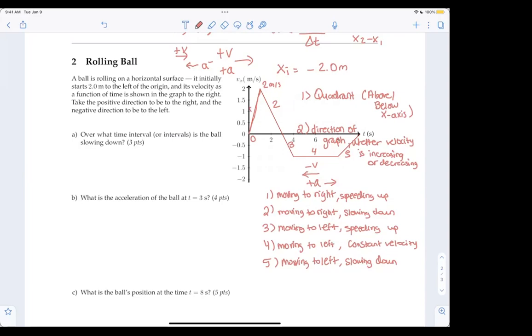However, since it's just one point, my thought process was doing the change in velocity over time. So the change in velocity, I guess, would just be 0 at that point. That's my way of thinking about it, because the point is 3, 0.